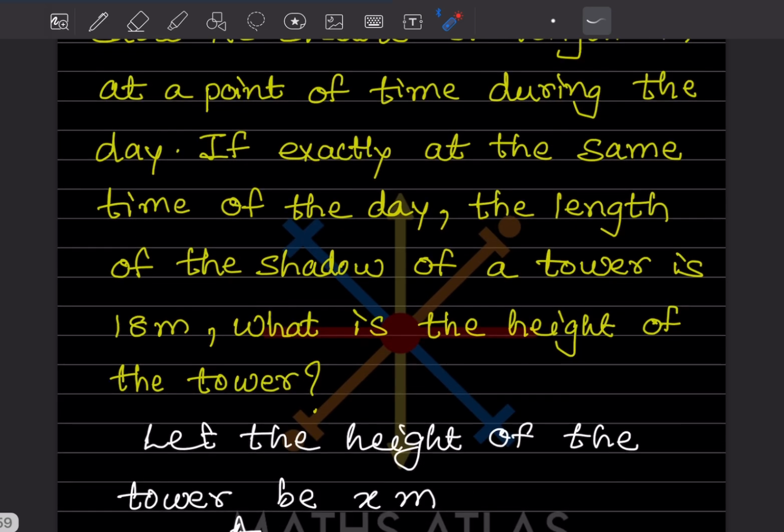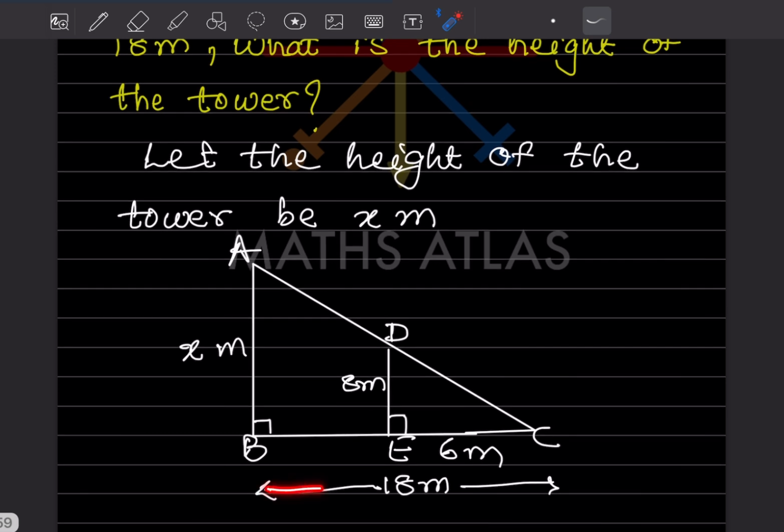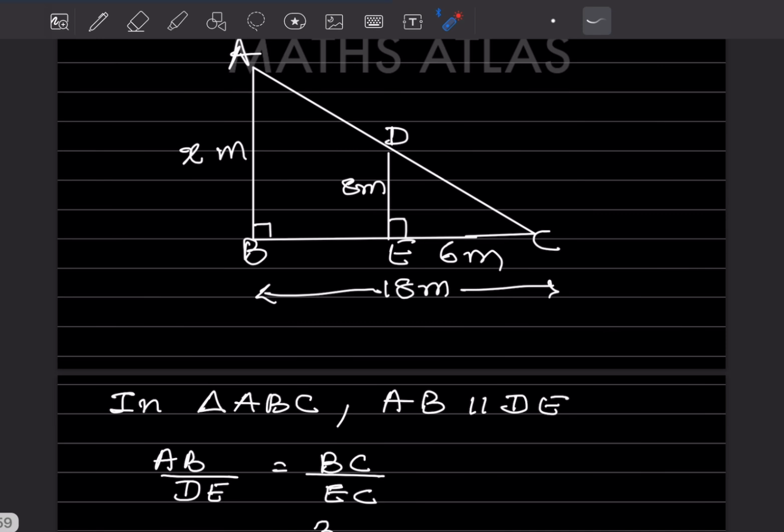And what is given again here, the length of the shadow of a tower is 18 meter, means the whole part here, because this is a tower. So the length of the shadow is 18 meters. If you draw this diagram, other things are very easy. Now we can see this is the triangle ABC. In this one, AB and DE are the parallel sides. We can write AB is parallel to DE.